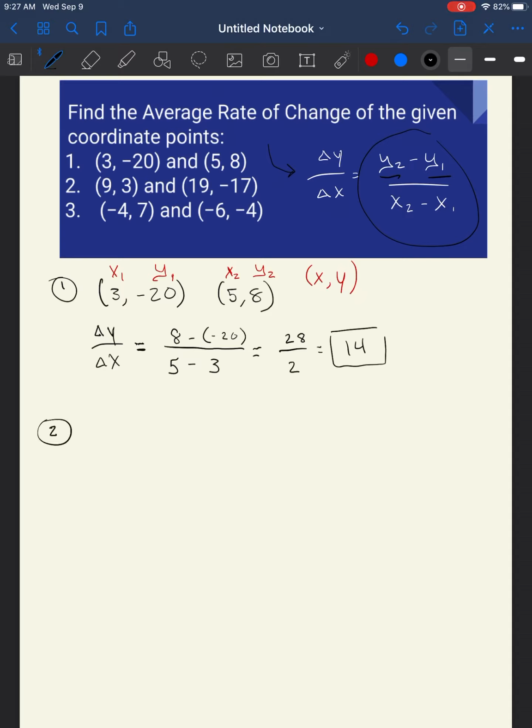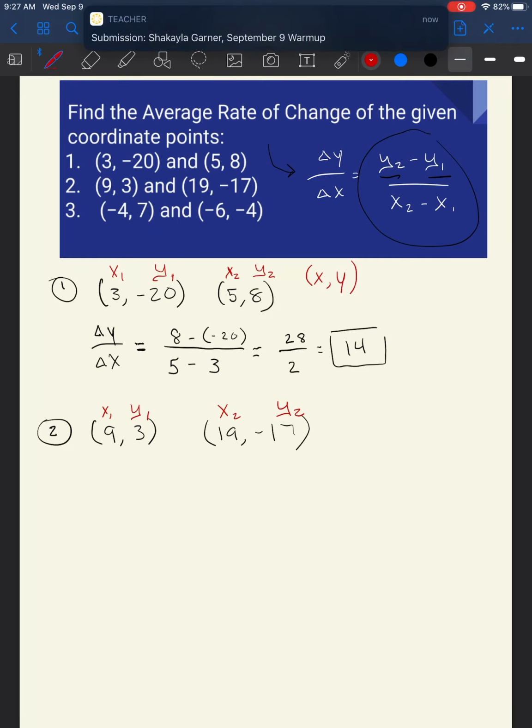So number 2 here, we have 9 and 3. Then we have 19 and -17. So same kind of deal. We've got x1, y1, x2, y2. And I do encourage you to actually label these each time you do it to start with, because it will help you from getting confused.